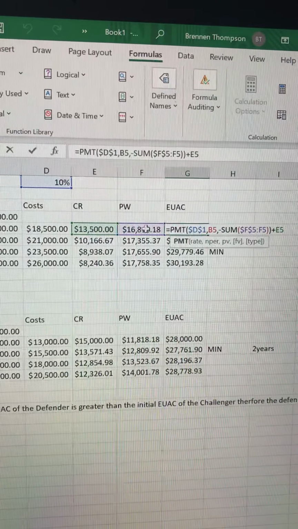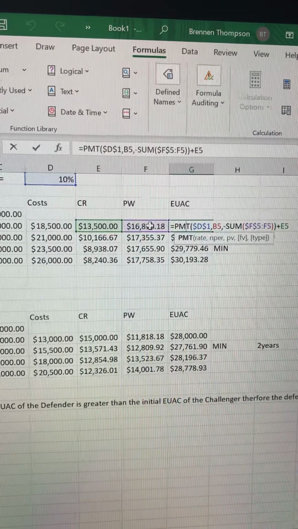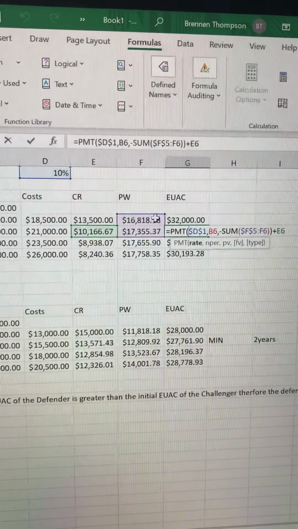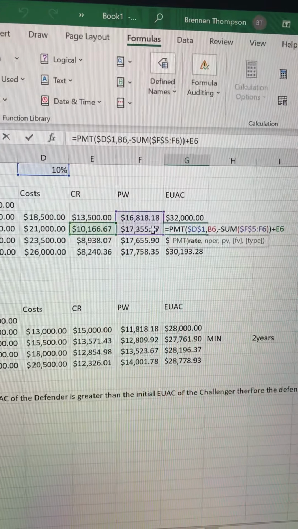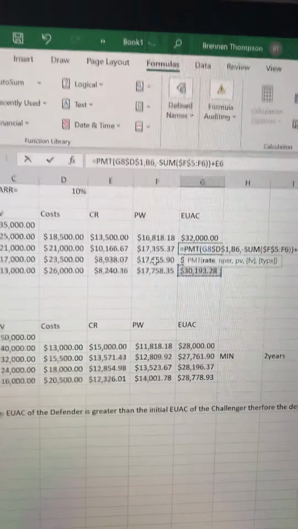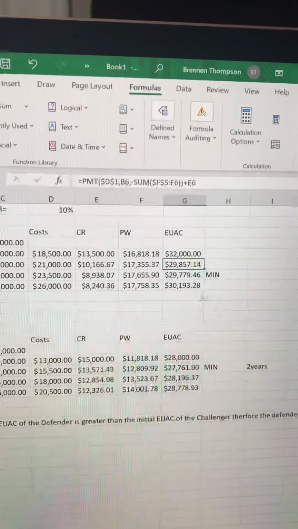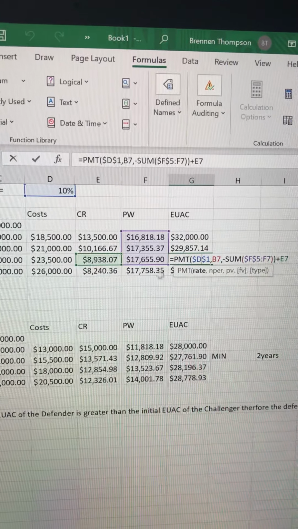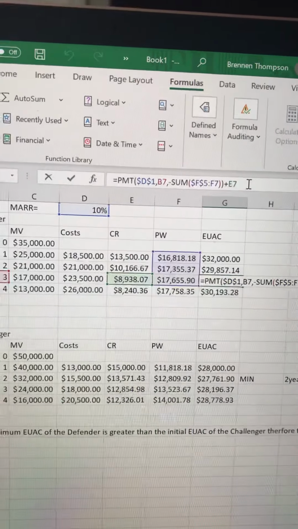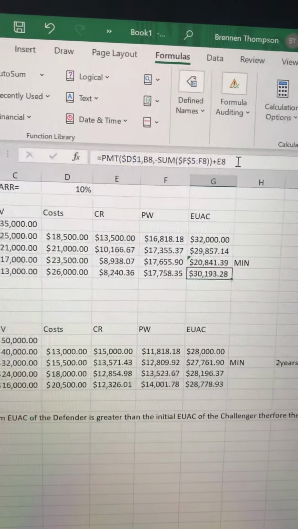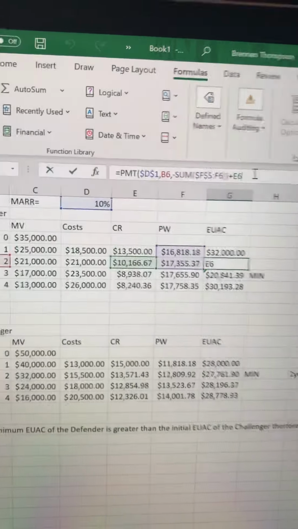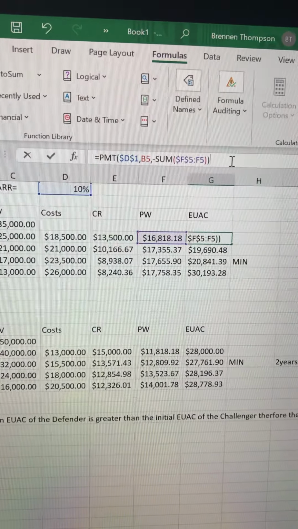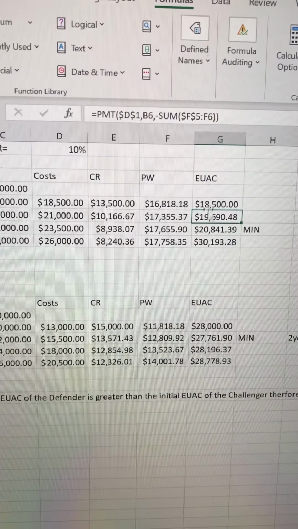So for the first year, it's just going to be the F5. But as you go into the next year, it's going to be the F5 and F6. And then the same thing, keep going down: F5, F6, and F7. So these are the values you get for each year. But that's just of the expenses.